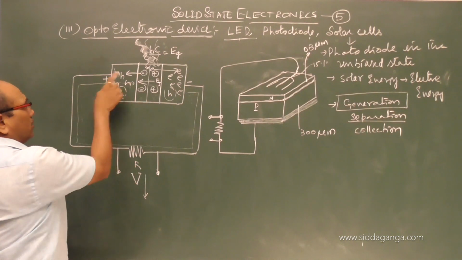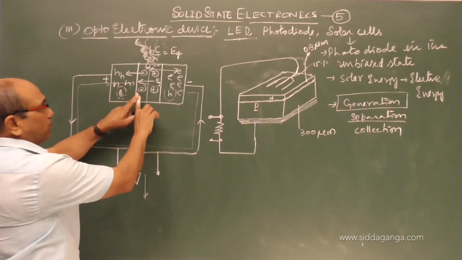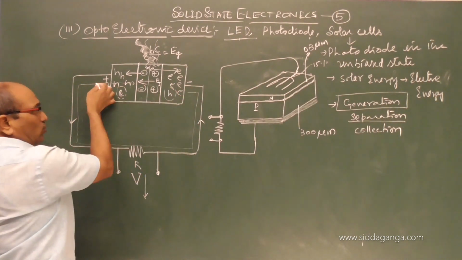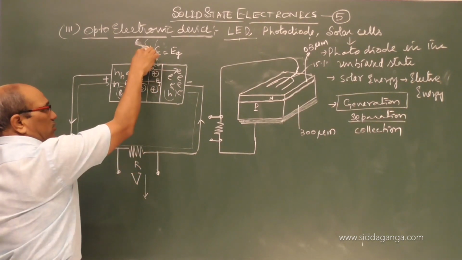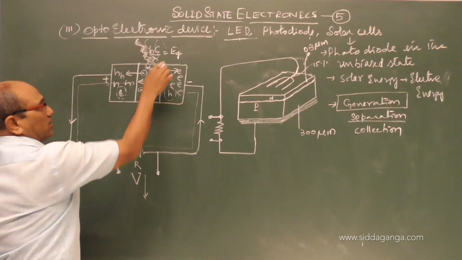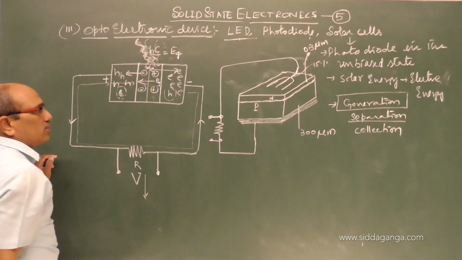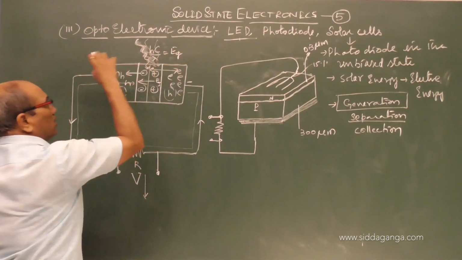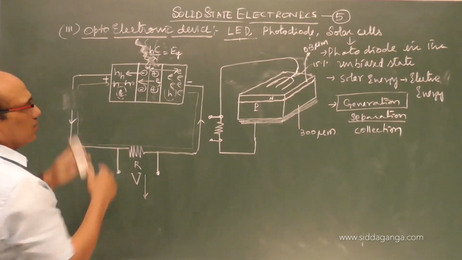So a current is established because of the EMF generated. First we generated electron hole pairs by the solar energy, if the energy gap is equal to that of the wavelength of the incident radiation, and then the electrons become negative potential and the other side positive potential. If I do not connect this, they remain there.